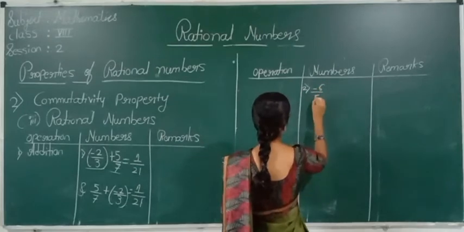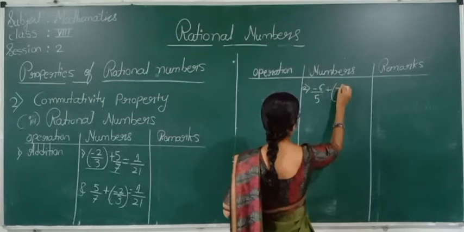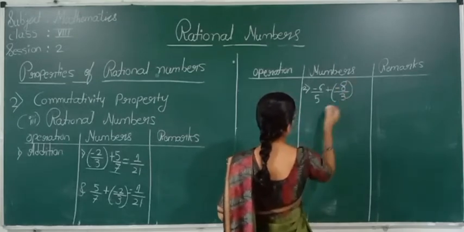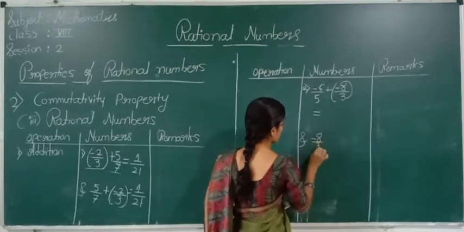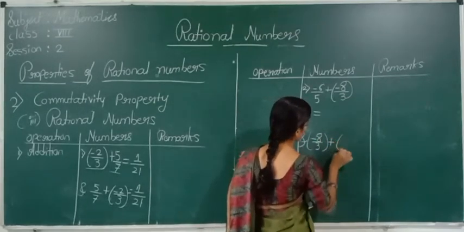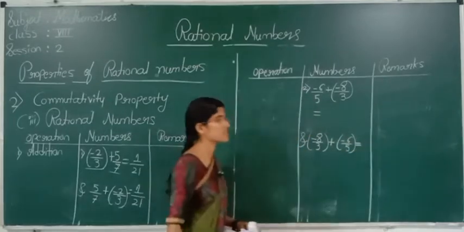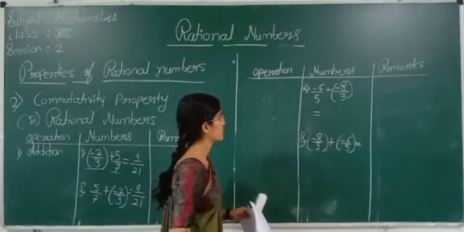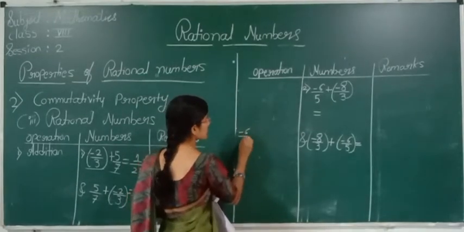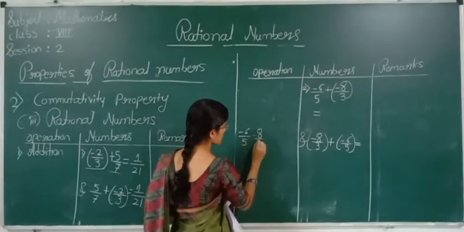Minus 6 by 5 plus minus 8 by 3, okay, we will perform here. And minus 8 by 3 plus minus 6 by 5. We will check whether the two results will come the same or not. Now see, minus 6 by 5 plus minus 8 by 3.